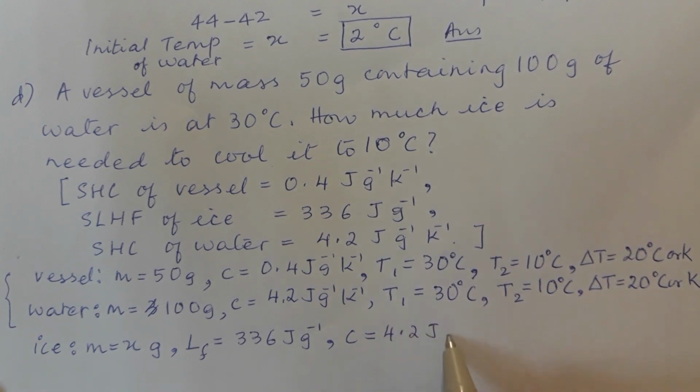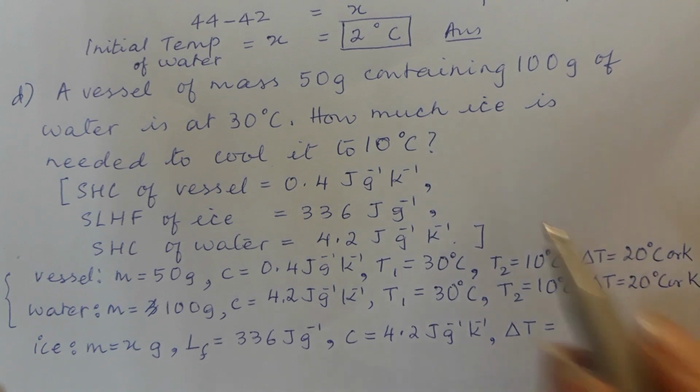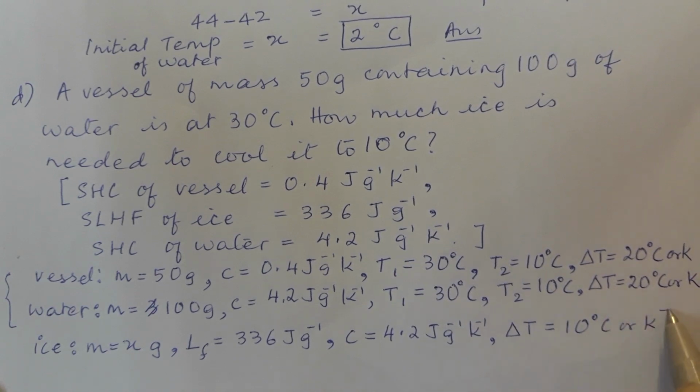So 4.2 joule per gram per Kelvin, and our ΔT for water is going to be from 0 degrees water to 10 degrees water, which means it's 10 degrees C or Kelvin.